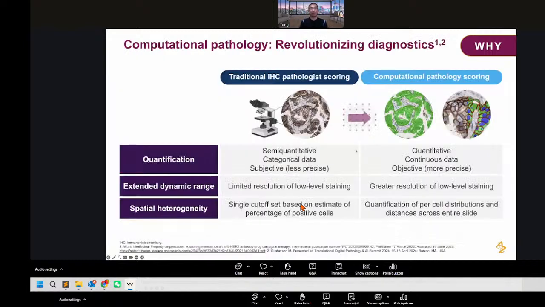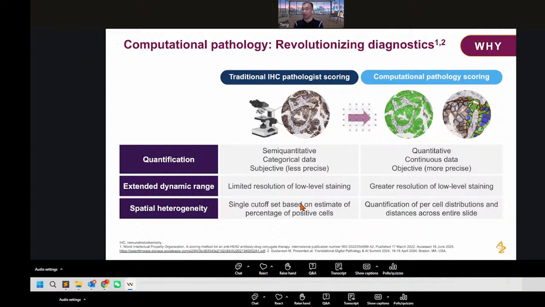Comparing digital pathology with traditional H&E pathology for scoring purposes, here are some of the key differences. First, quantitation: the traditional one is not fully quantitated. For example, take PD-L1 as the example. PD-L1 can be expressed from 1% to 100%, so it's a continuous score.